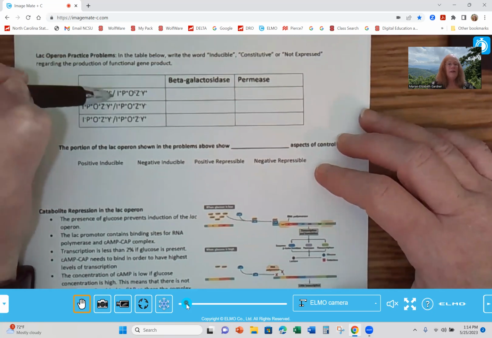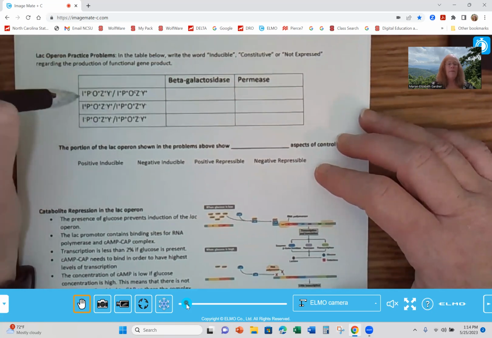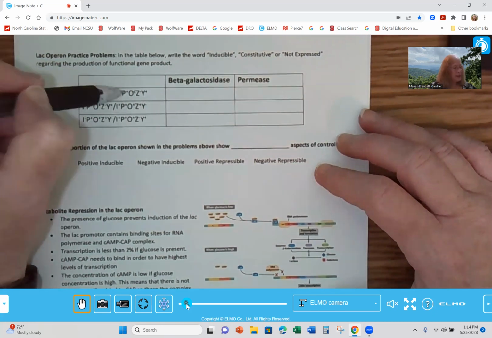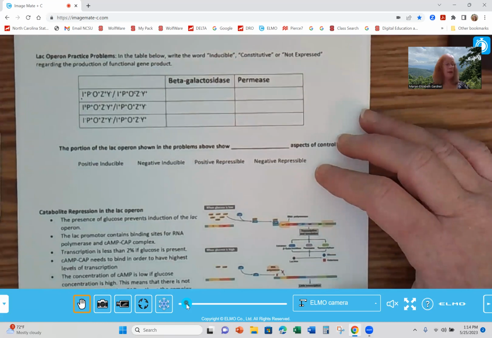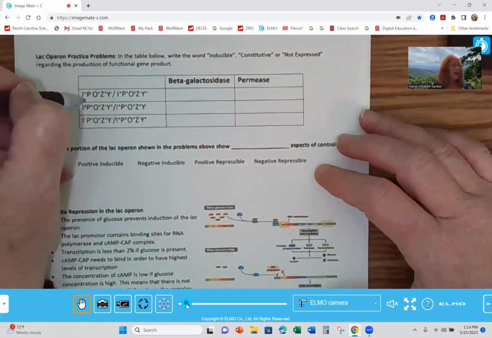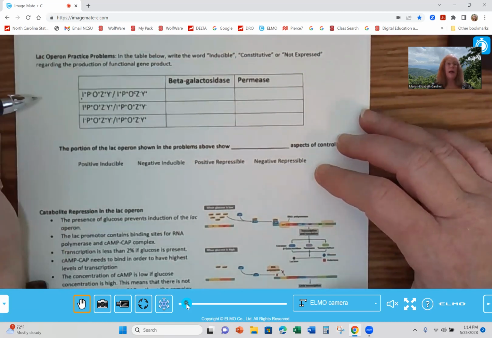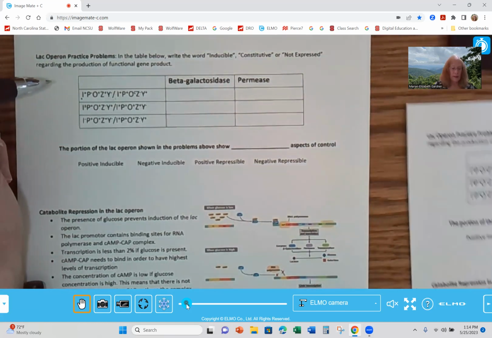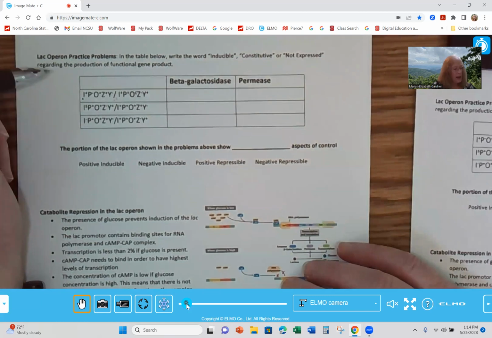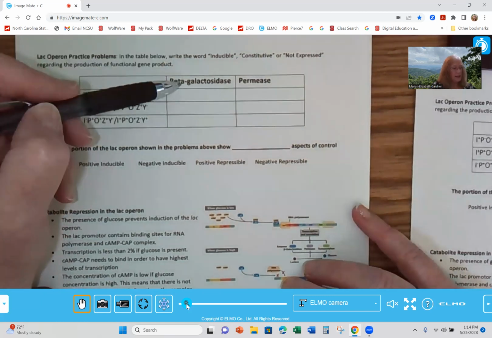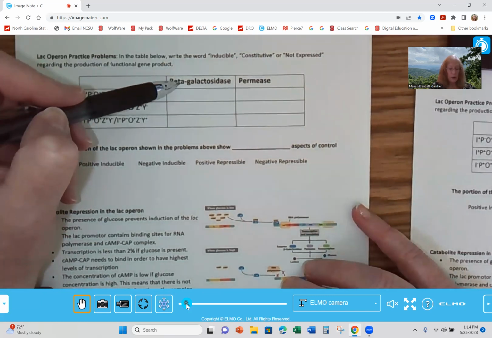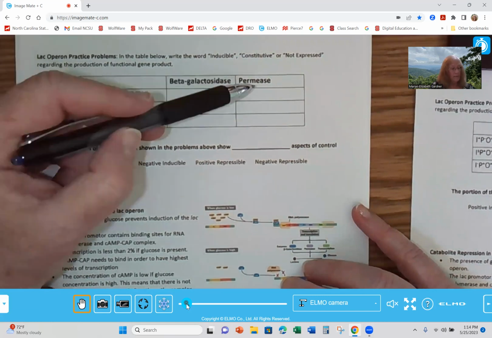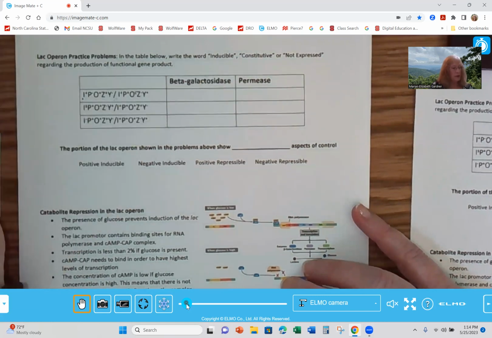Think about one of these strands of DNA being on the bacterial chromosome and the second strand being on a plasmid or another piece of DNA in that bacteria, so that we have a diploid. We have two copies in this particular bacterial cell. And the question is, for each of these, is beta-galactosidase produced or not? And is permease produced or not?